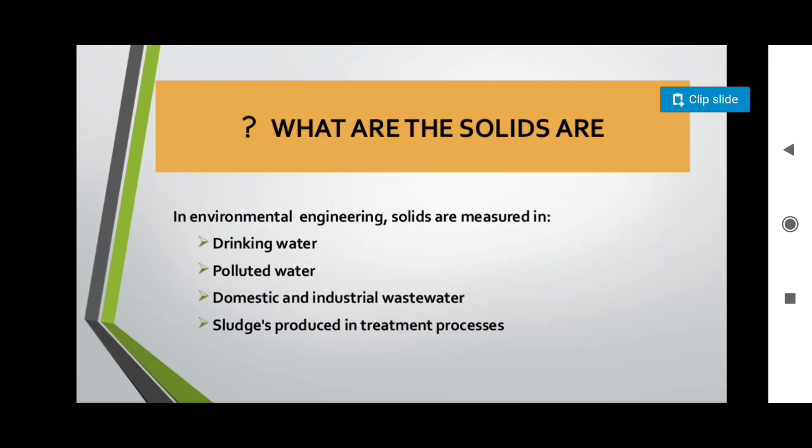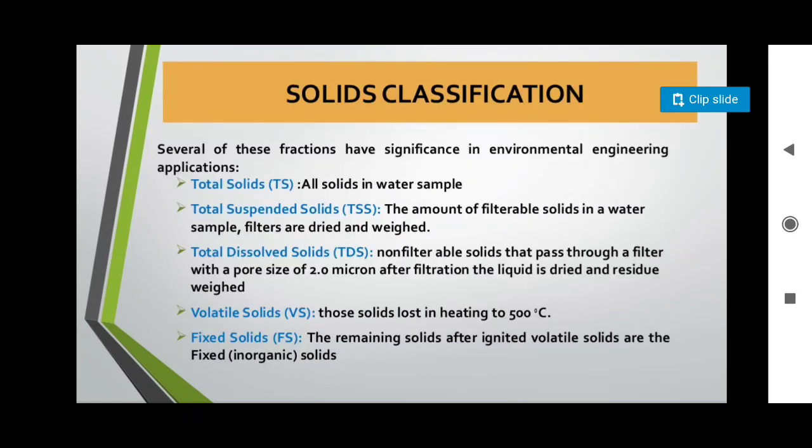So these suspended solids or total solids will demarcate the limits of drinking water or polluted water, which may be in the form of domestic and industrial wastewater, and it can also be in the form of sludge produced in the treatment process, right? So all these solids are very important to be studied, because these solids comprise the standards for various uses of water, right? So again, this is their significance in environmental engineering applications.